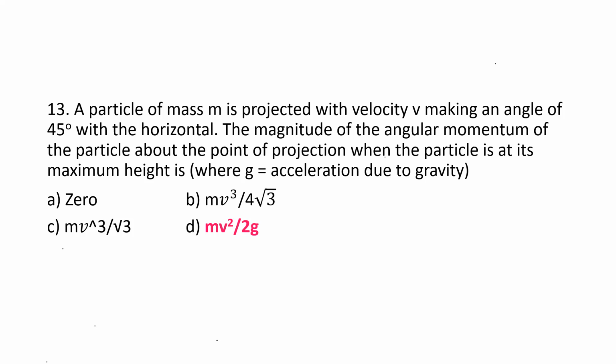The magnitude of the angular momentum of the particle about the point of projection when the particle is at its maximum height is. So here we need to calculate, when the body is at the highest point, the magnitude of the angular momentum. So let us see how to do this one.